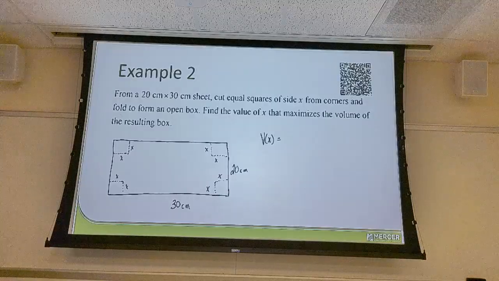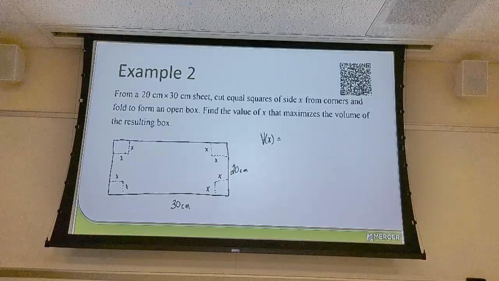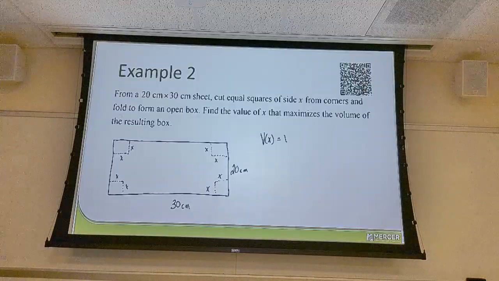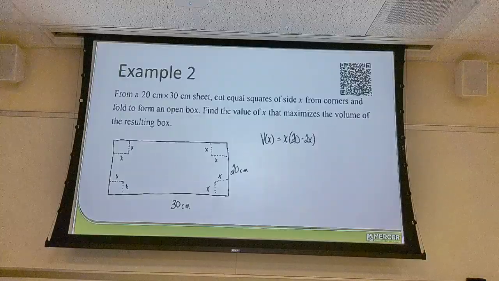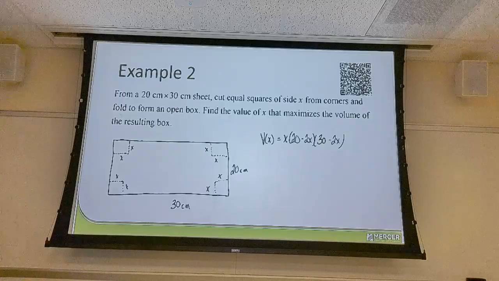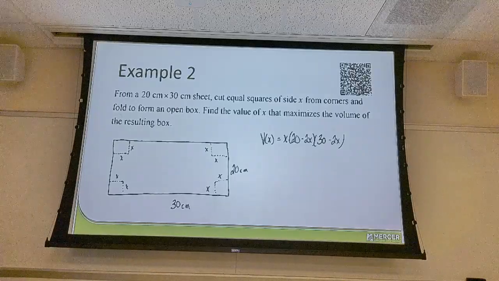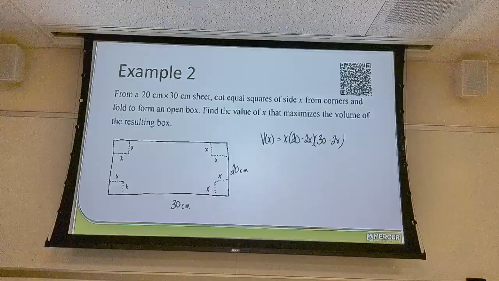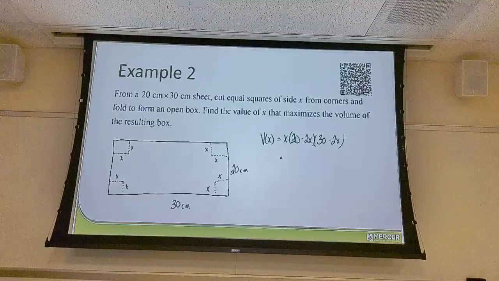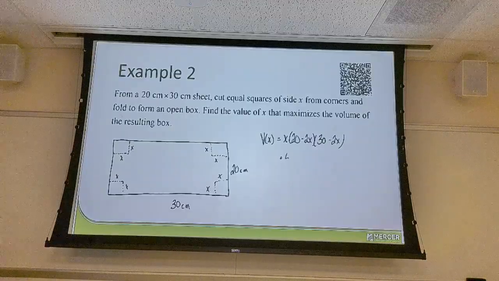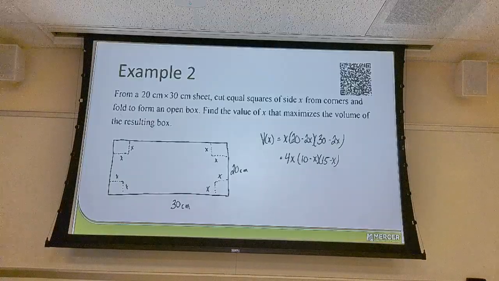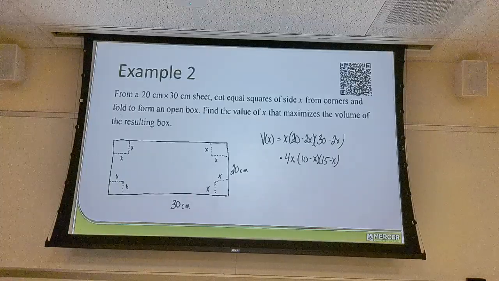It's length times width times height, which in this case is x times (30 minus 2x) times (20 minus 2x). Then we can FOIL it. Oh hey, it's a polynomial that's not difficult to get the second derivative of once we FOIL. I'm going to make it a little bit easier. Factor 2 out from each one.